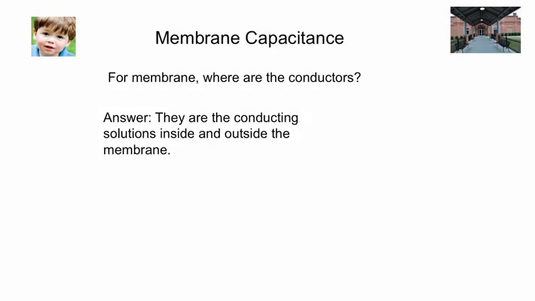So the question is, if capacitance comes from two conductors separated by an insulating region, what are the conductors? Well, let's make ourselves a sketch and talk about that. So let's suppose this is a cell in cross-section.